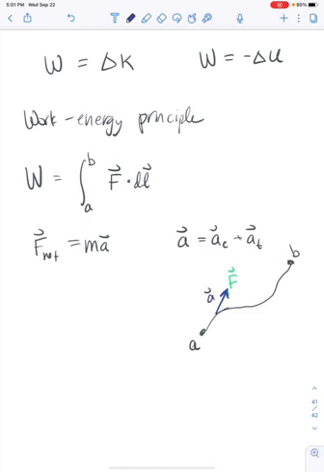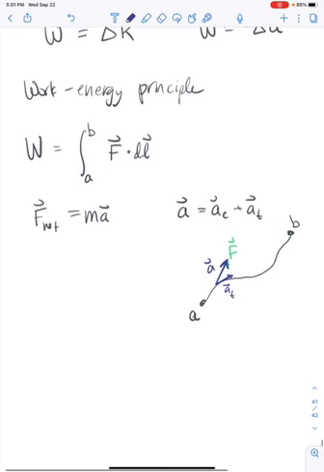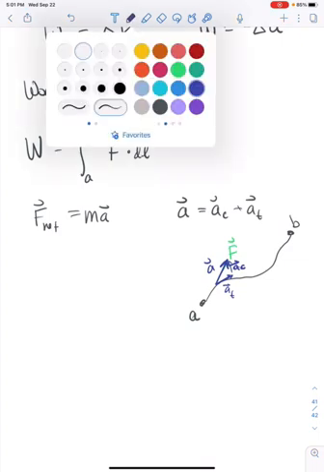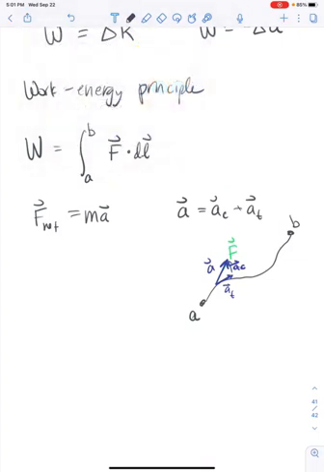And it's got some component that is tangential to the path and some component that is perpendicular to the path, okay? And we can consider that perpendicular component of the acceleration to be the centripetal component because it's the part that makes it curve, right? The tangential component is the part that makes it change speed, and the centripetal part is the part that makes it curve, okay? So we're going to put these ideas together, right?